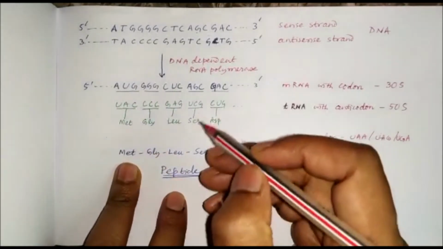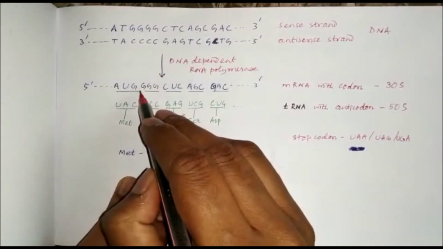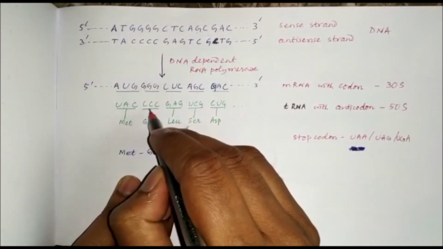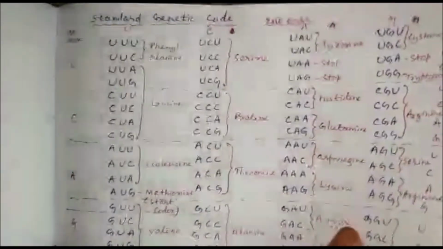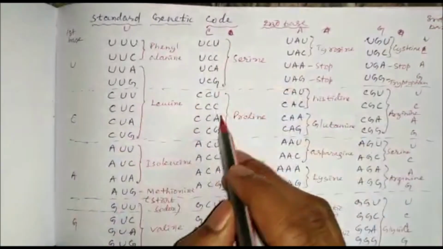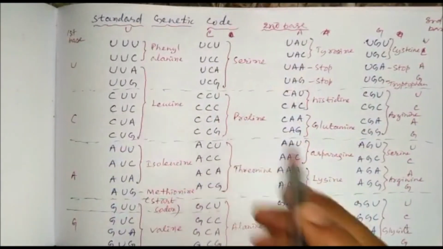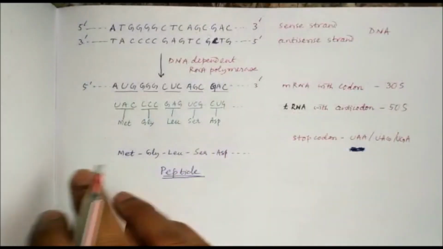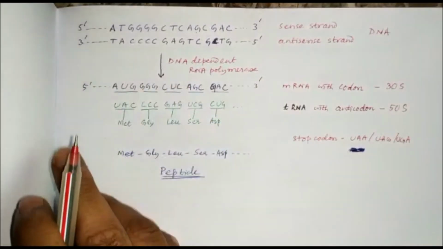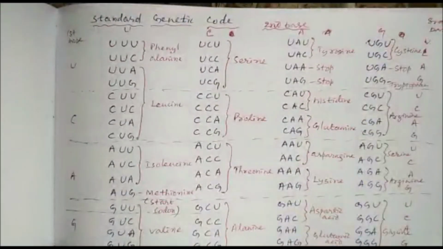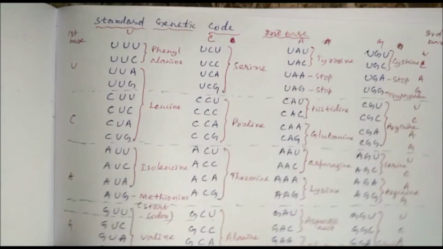Then similarly the second one, GGG is the codon, so CCC will be the anticodon on the transfer RNA, and GGG represents glycine.